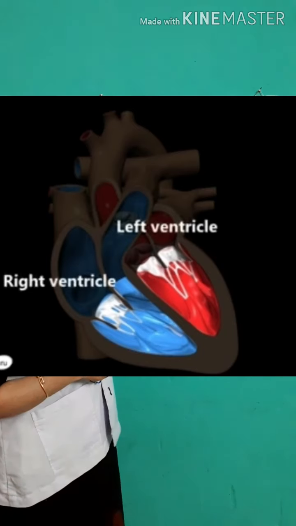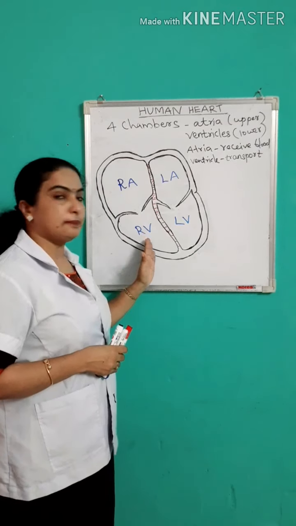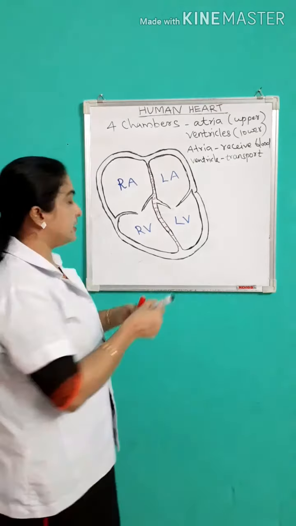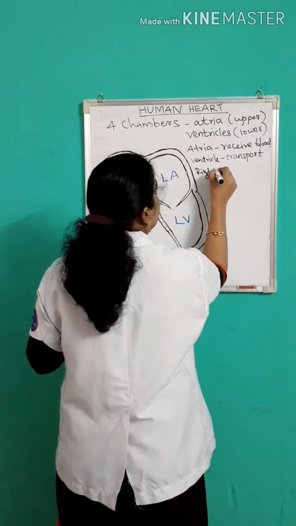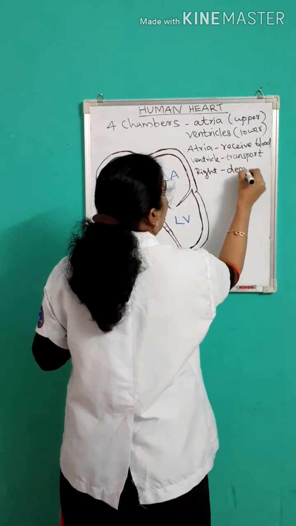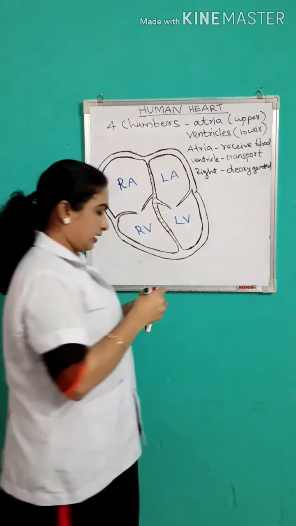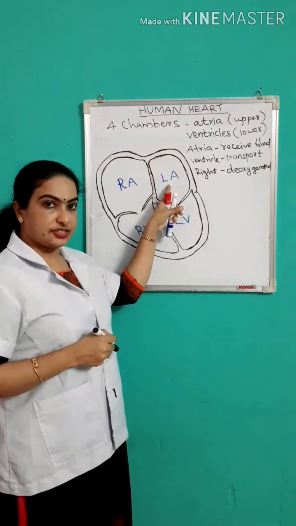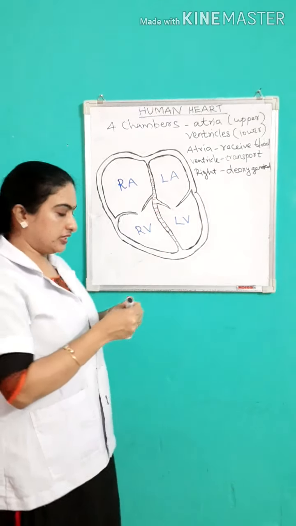Okay. And now we can see the right side or right chambers of the heart always carry deoxygenated blood. And the left chambers, such as left atrium and left ventricle, always carry oxygenated blood.